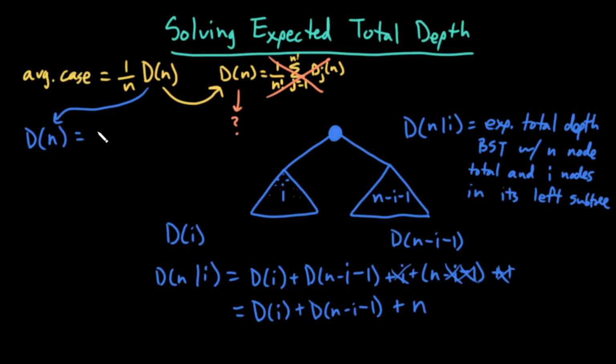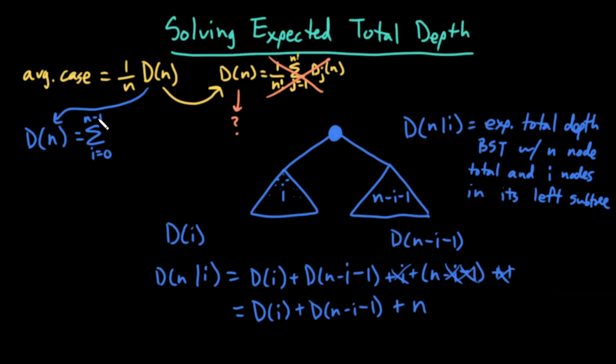So this is the sum over I equals 0 to n minus 1. I have a root, therefore the smallest number of nodes I can have in my left subtree is 0. That would be if all my nodes were in my right subtree. The largest value is n minus 1, which means that I have no nodes in the right subtree, so all nodes other than the root are in my left subtree.